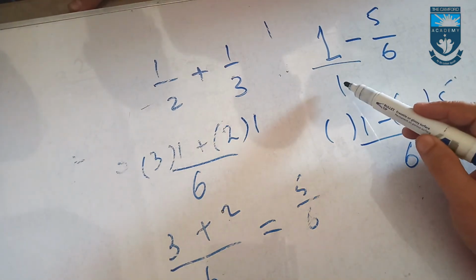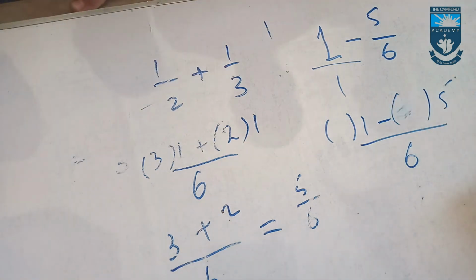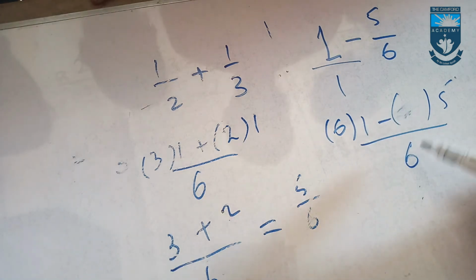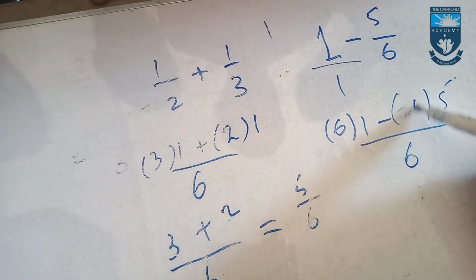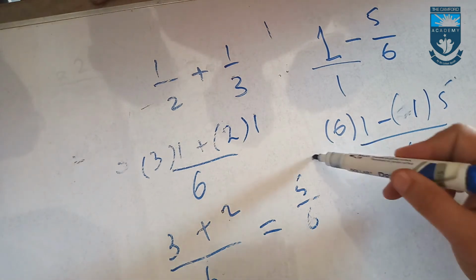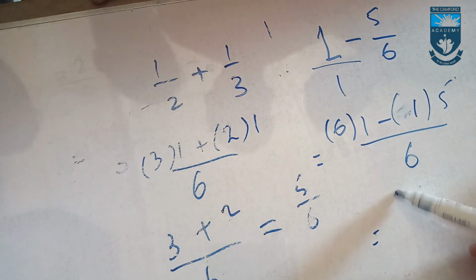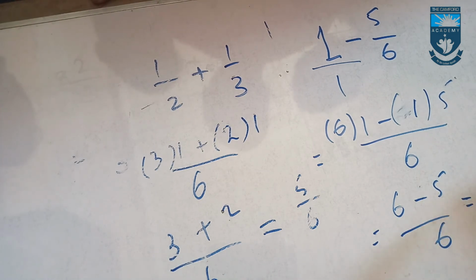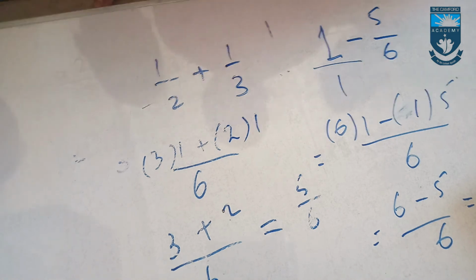You have to make this number equal to the LCM, and the number you multiplied you have to write in the bracket 6, and now that will be 6 by 1, 6, minus 5 over 6, and if I subtract 5 from the 6, I will get 1 over 6. The same answer we have got before in the diagram. Okay, the diagrams are more easier. We can understand very easily.